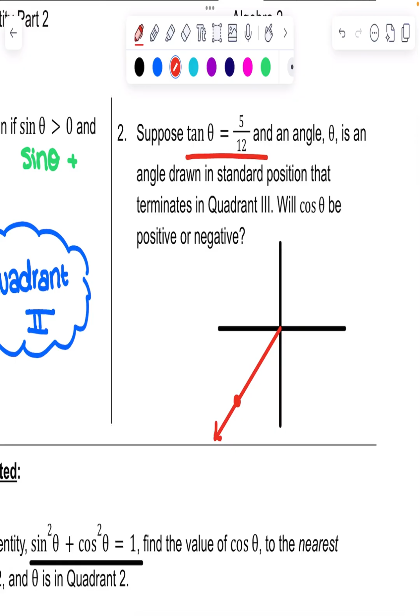Now let's just first think. If we have ASTC, ideally what should be the only positive trig function in quadrant 3? Tangent, right? And we could already see that it's positive, so that works out. Now, let's think about it.